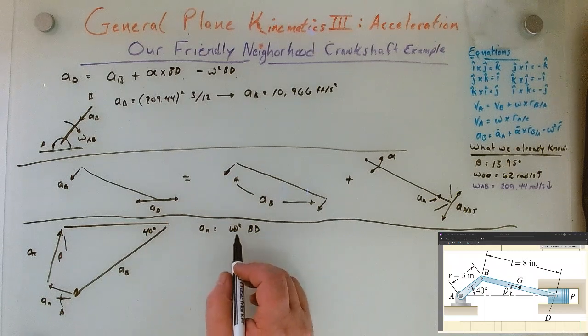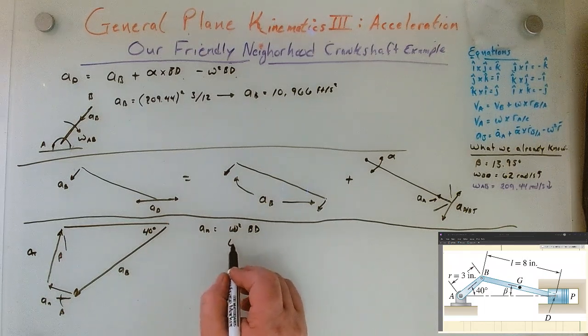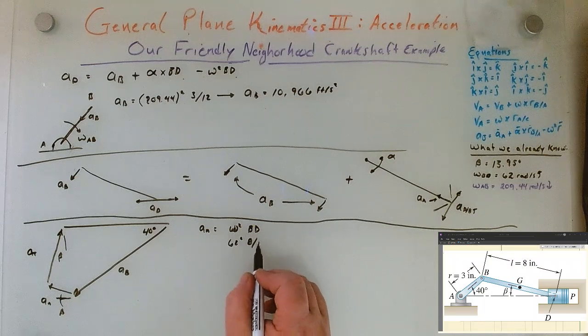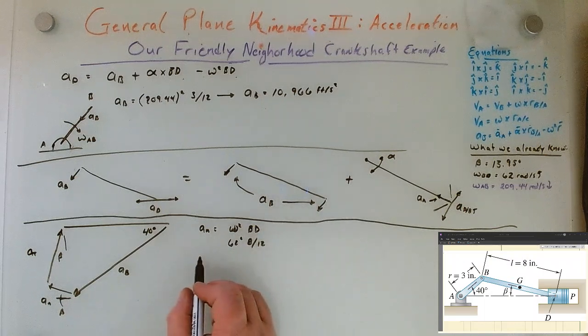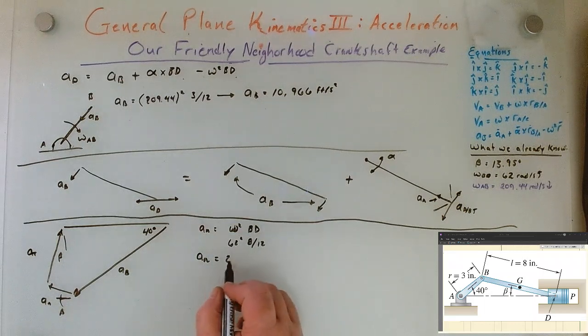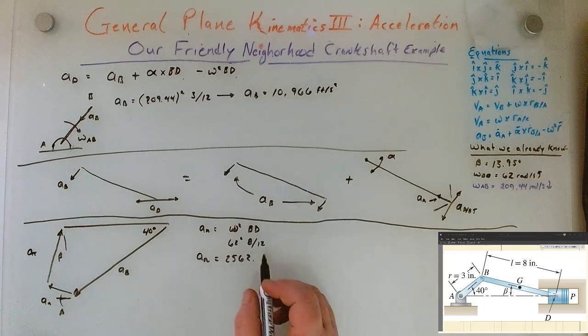And so what is this? This is 62. So this is 62 squared, and then BD is 8, right? So 8/12, right? So A sub n is equal to 62 squared, divided by 12 times 8 gives us 2562.67.